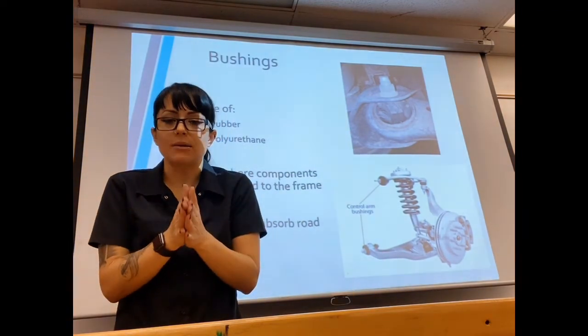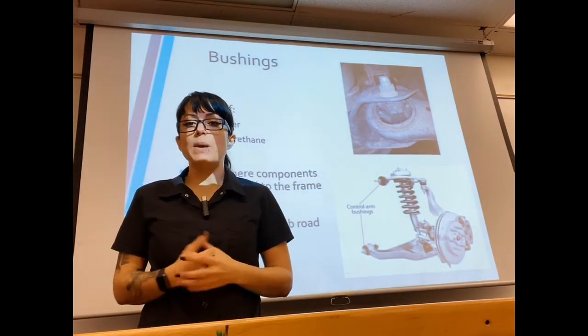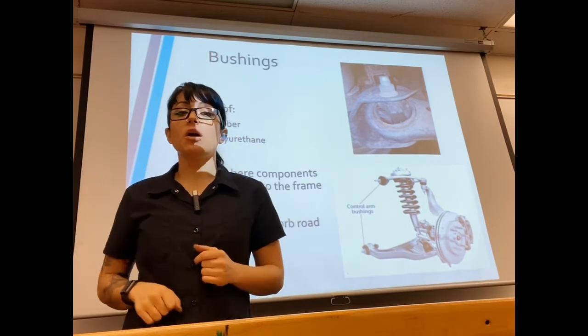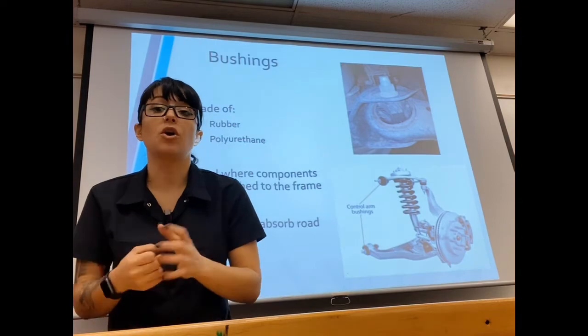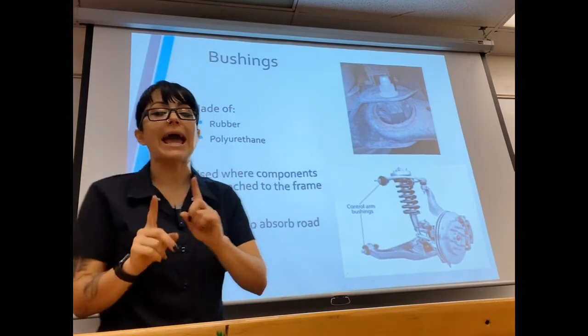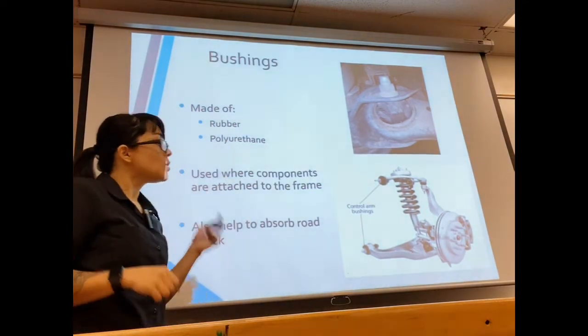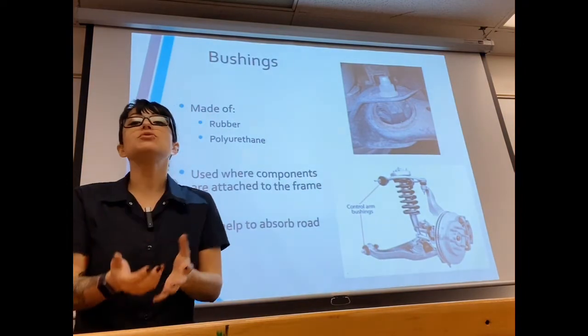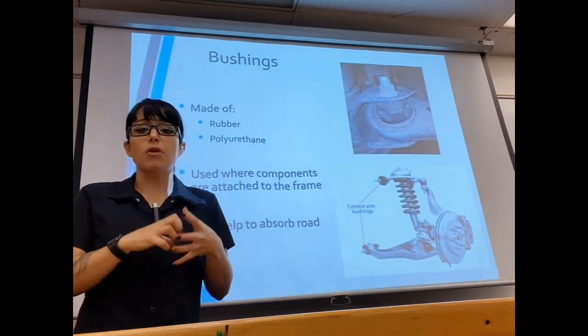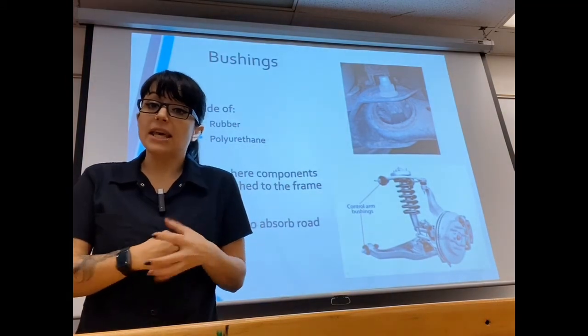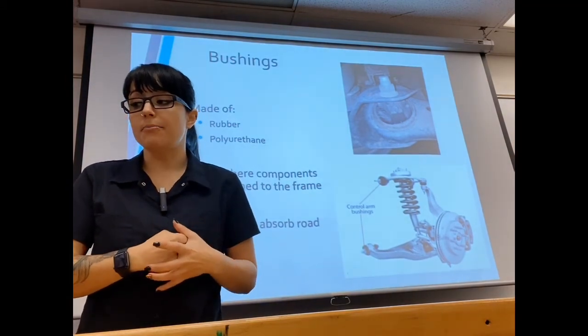You want a buffer in between. Well, your car's suspension components, like your control arms, even your shock absorbers where they mount, most of the mounting points for your suspension components are going to have bushings. So when you hear the term bushing, usually, not all the time, but usually it's referring to a rubber joint that is keeping metal from contacting other metals.